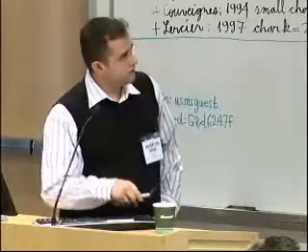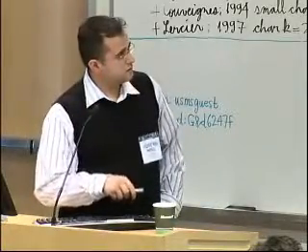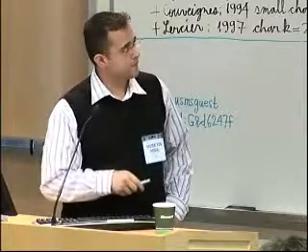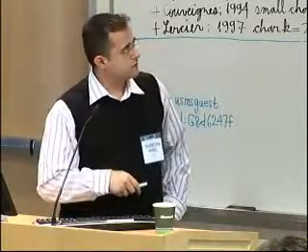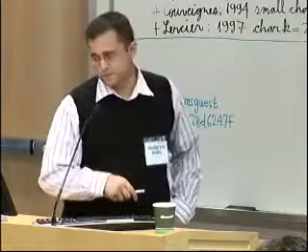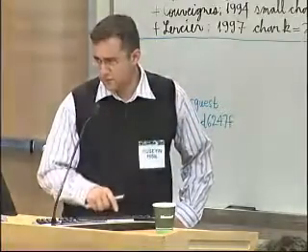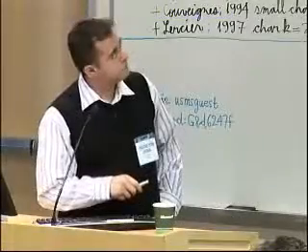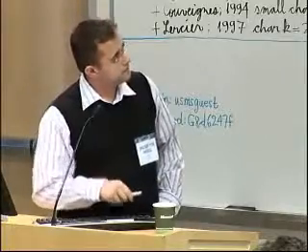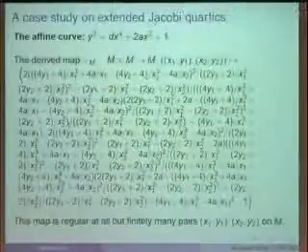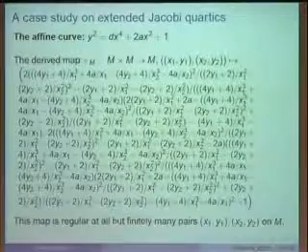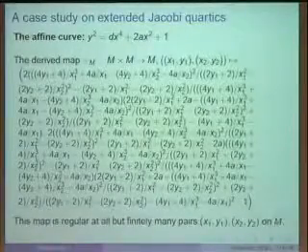We very well know the addition formulas for the Weierstrass curve, this one. And what remains is just to make the composition. Once we do the composition, we get a map defined from M cross M to M, which describes the group law on this Jacobi quartic curve. And this map is regular at all but finitely many pairs.